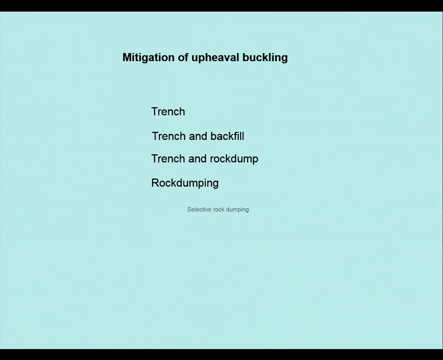So rock dumping, selective rock dumping, reduce inlet temperature. Well, you don't really want to reduce your inlet temperature, but if you can operate the line again, you might show, well, if I reduce the temperature, I can then bring the stresses into the allowable level. At least I can produce something, but it's not the same.